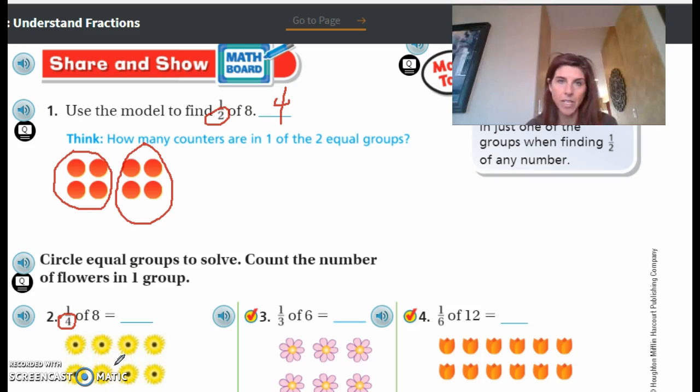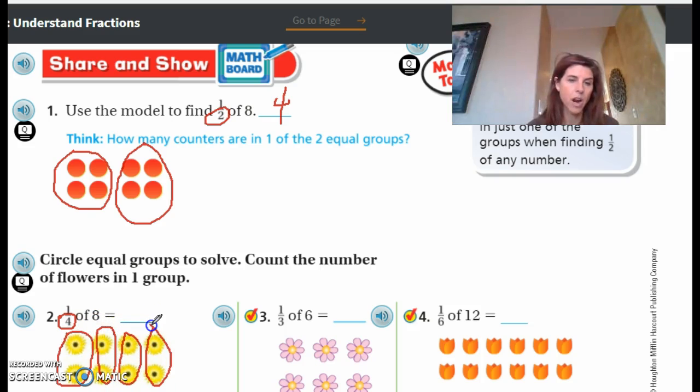Sometimes you have to guess and check. It looks like I can make groups of 2. 1, 2, 3, 4. Are they all equal? Yes, 2, 2, 2, 2. They are equal. So 1 of the 4 equals 2. 1/4 of 8 is actually 2.